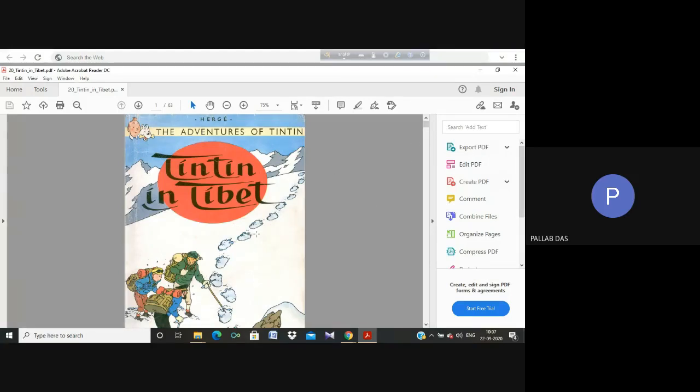There is no sign of any greenery apart from the dress worn by Turkey. And that is what from the very beginning we understand, from the very cover of this book, that this book will involve nature as a very important part.